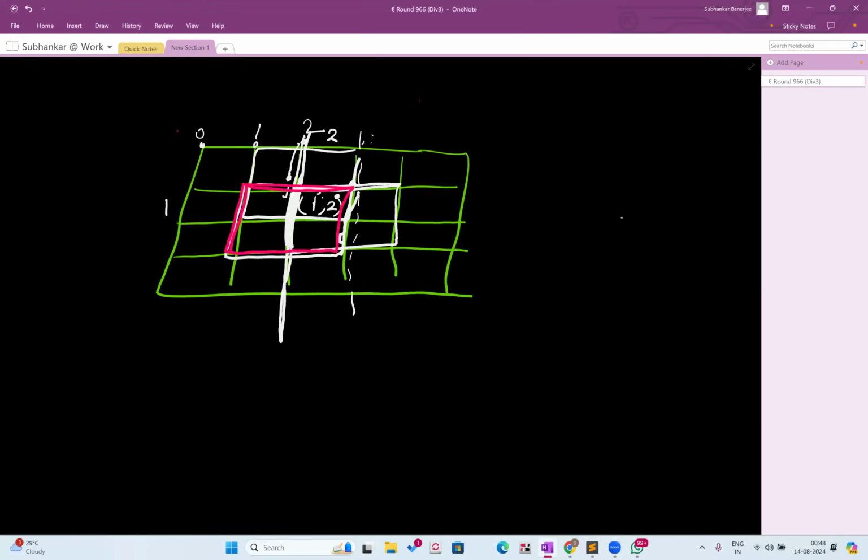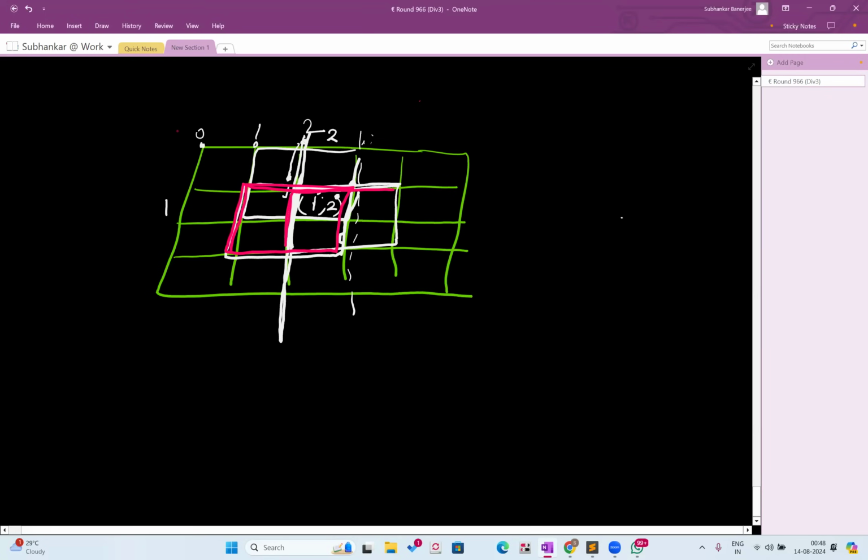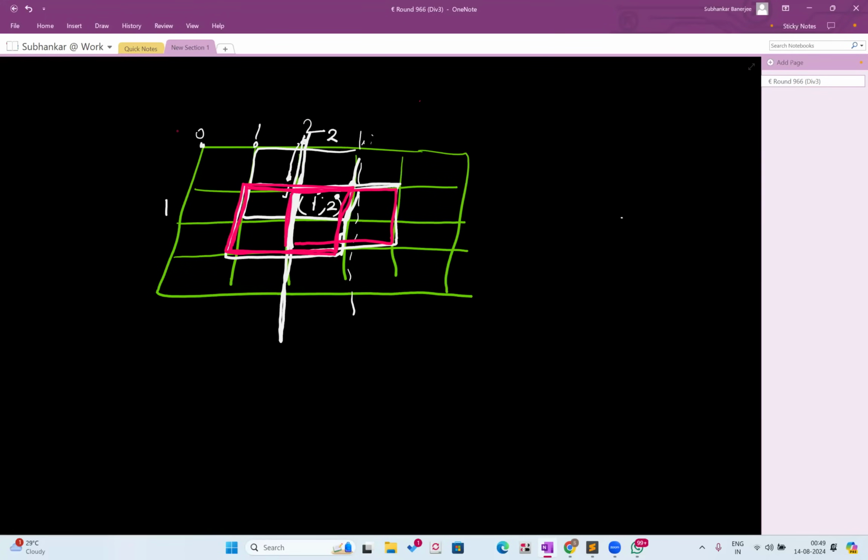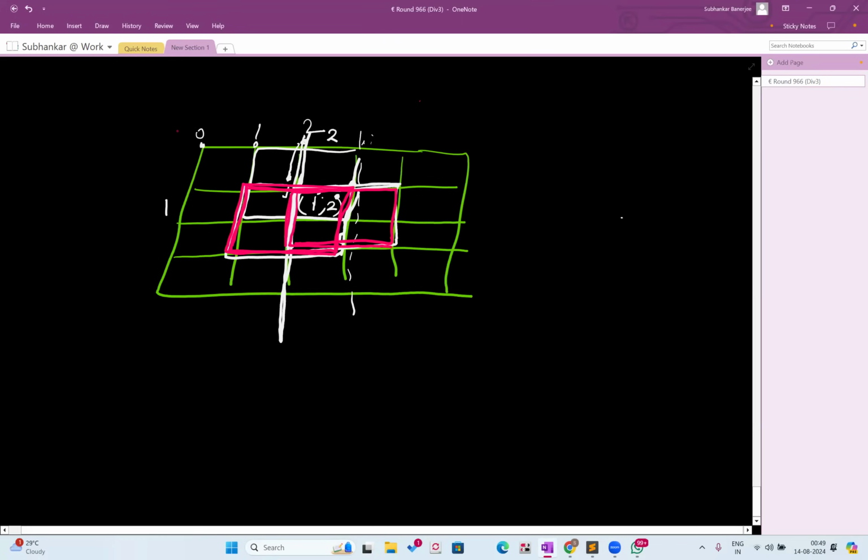Leftmost. Yeah, minimum 1, maximum 3. Yes, exactly. So what is the displacement that I can do? I can move from either this or this. Are you getting my point? I can move like this. So there are two possibilities, that is 3 minus 1.